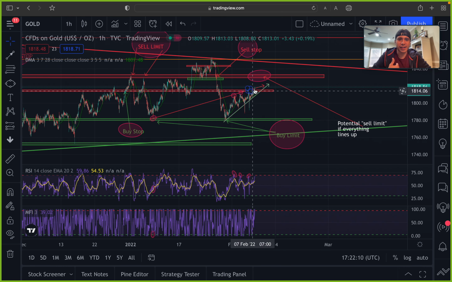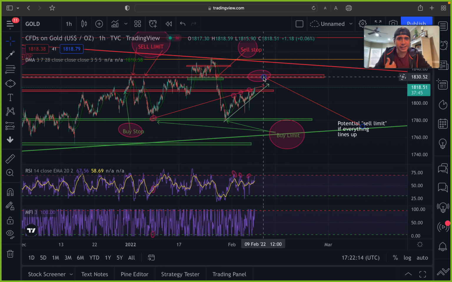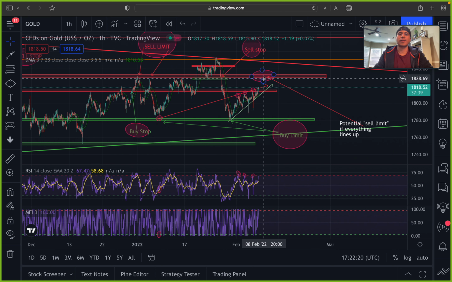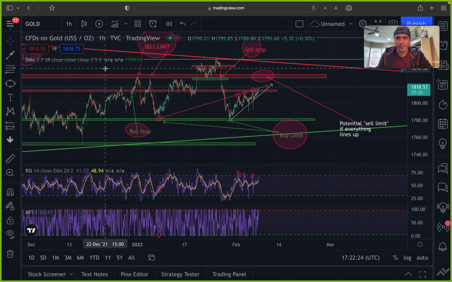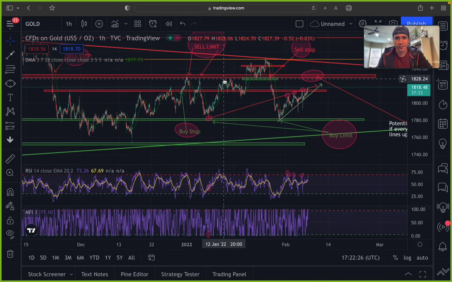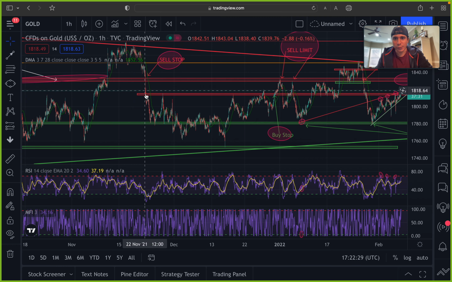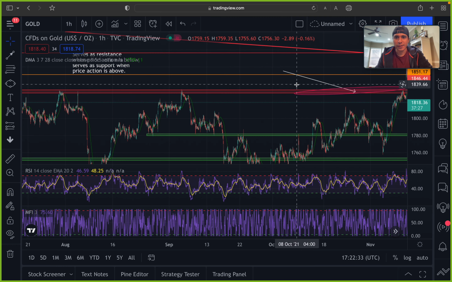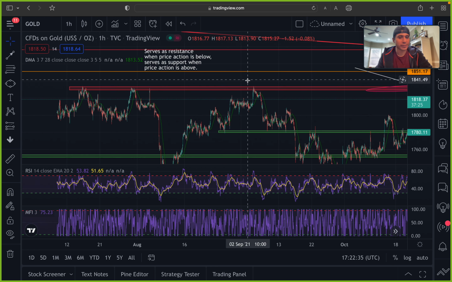But an educated guess is that price action sells off right here, right? At this 1830 level. Okay? And I explained why. Because market structure, right? Price tends to come to this area and sell off. You see? Broke through with momentum. Sell off.